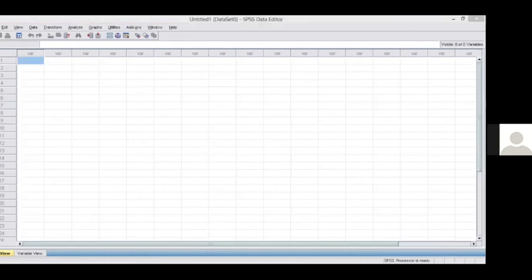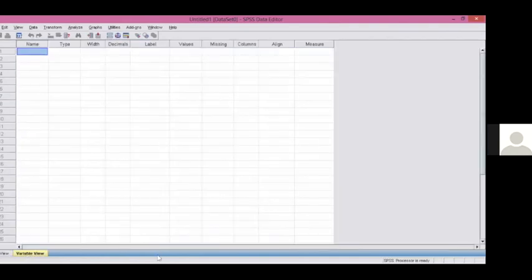First of all, we have to define the variables. How to define the variables? First, you click on Variable View. When you click Variable View, we have to define the variables. The first variable is last year, and the second is this year.